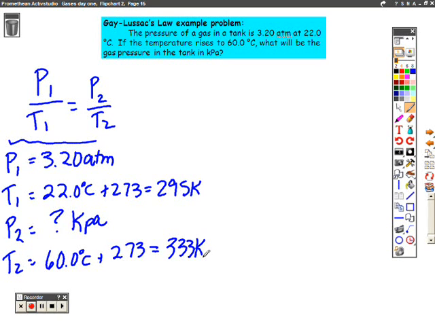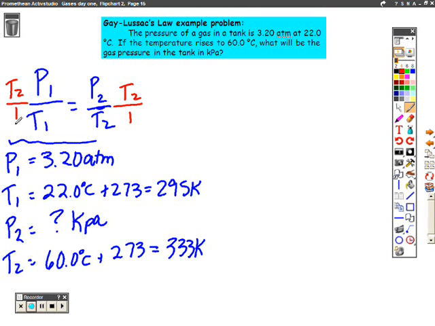Now, we need to isolate our P2. This one's an easy isolation. If I need to isolate P2, that means T2 needs to move to the other side. I just need to multiply by T2, or whatever I do to one side, I must do to the other.